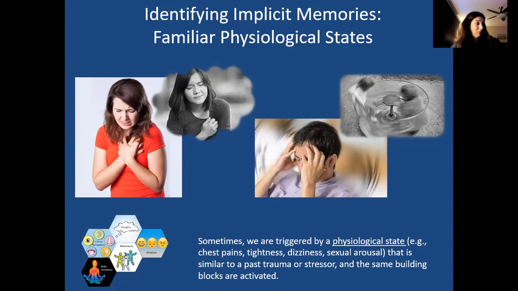But it has nothing to do with being afraid of things right now. It's an old feeling that's now stuck with that physiological state. Okay, so that's just another example of how we could act out an implicit memory. All right, so our brain compares the present to the past, and then it tries to help us by reacting now as if we were in the past to try to save us some time. But sometimes it's a mismatch. Sometimes we're not in the same context now.